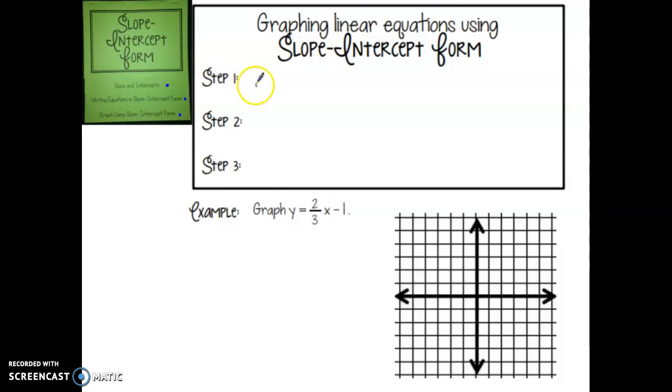Step 1, you're going to identify the slope and the y-intercept first. Step 2, plot the y-intercept.